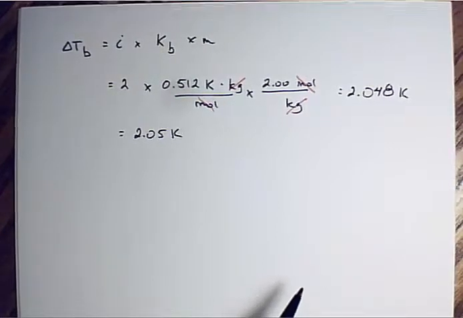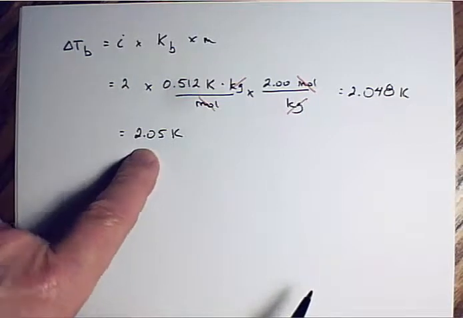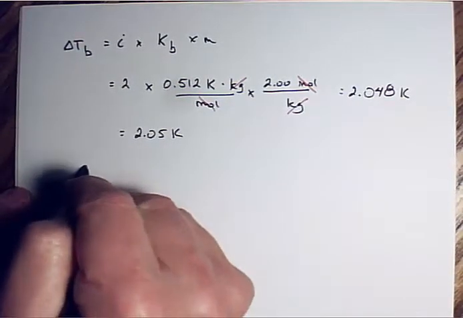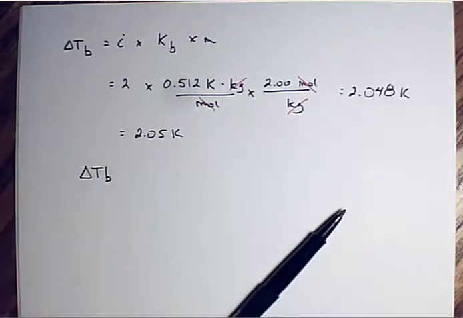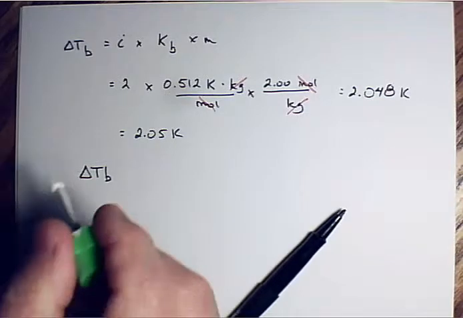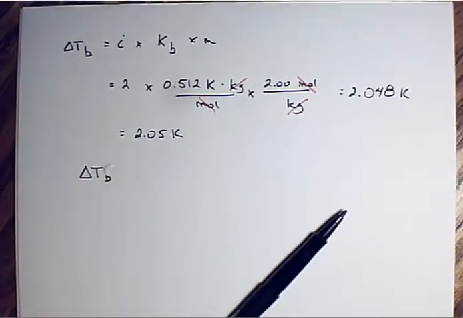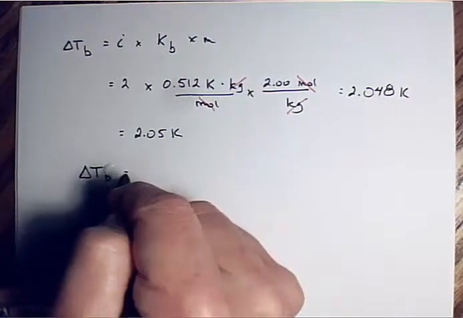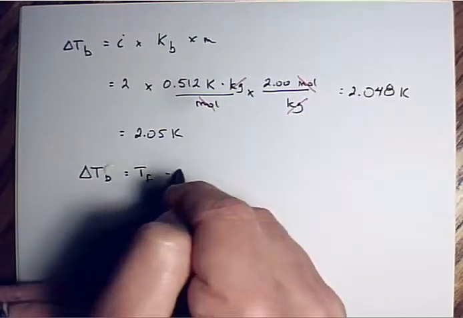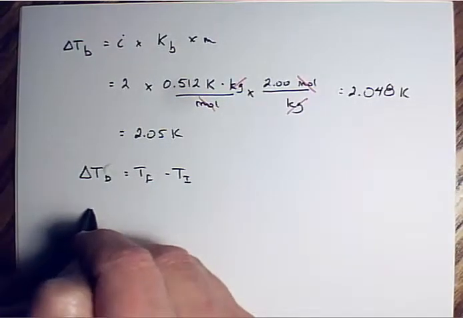Boiling temperatures increase or decrease when you add solute to solvent? Increase. So this is going to stay a positive number. We're going to plug it into this equation. Delta T sub B equals temperature final minus temperature initial. Okay.